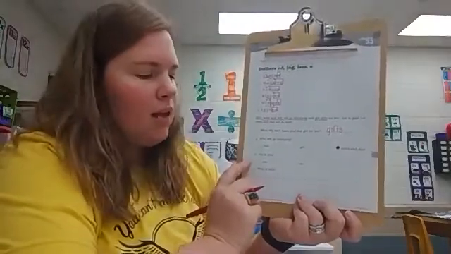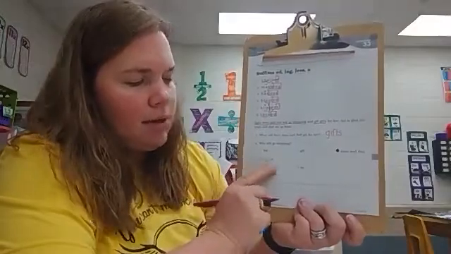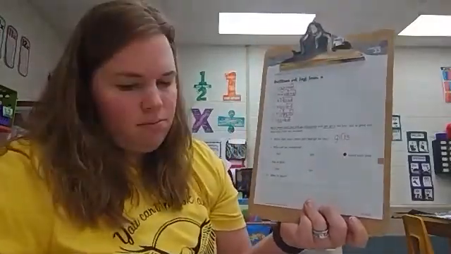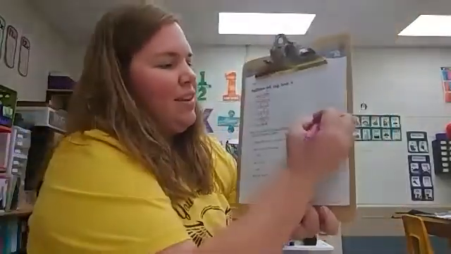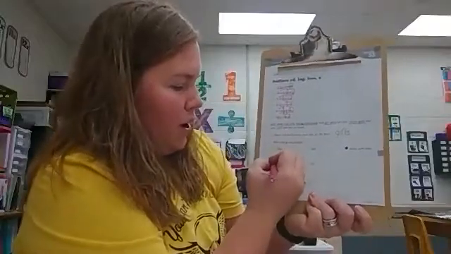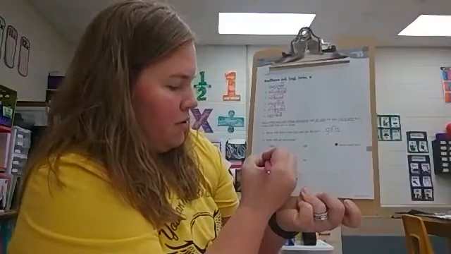Number 9 is a yes or no question. It says Sal is glad. Is Sal glad? Yes, Sal is glad her mom and dad are so kind. Why are they kind? They're getting her gifts.